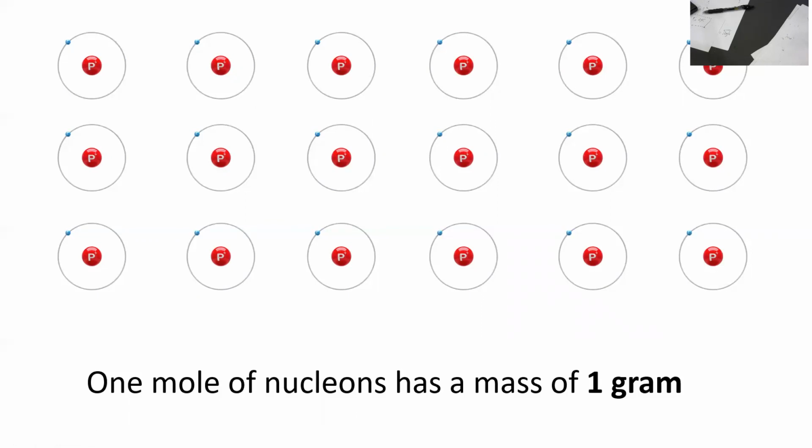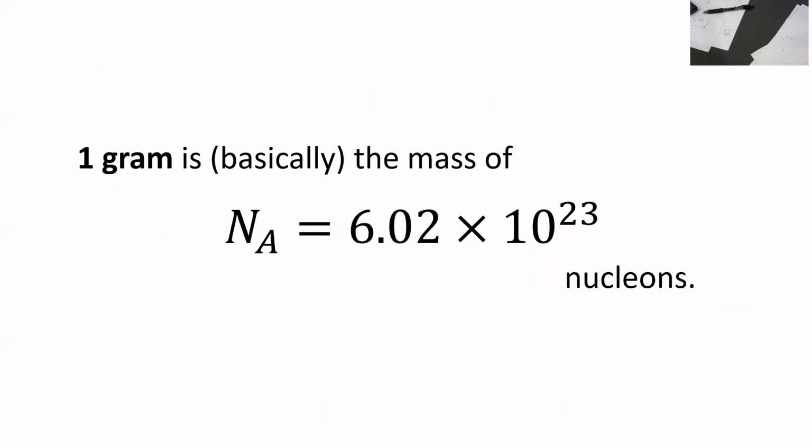That can't be a coincidence, right? They chose to define the mole in this manner, so you'd have that convenient conversion factor. Now I say basically here because there is a subtlety, which I'll get to in a moment. But try to remember that 1 gram is the mass of 1 mole of nucleons.